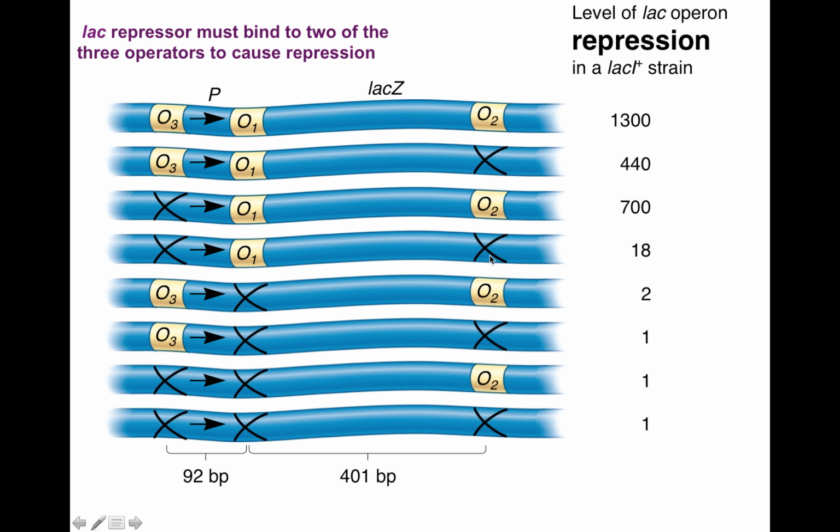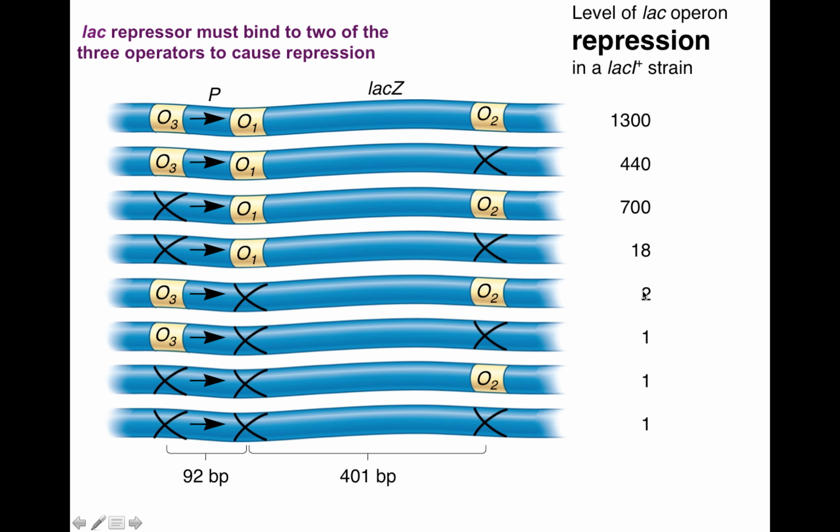If you eliminate both 2 and 3, then the level of repression drops way, way down, to 18. If you only eliminate this operator region here, following the one that's just downstream of the promoter region, then repression is almost completely eliminated.